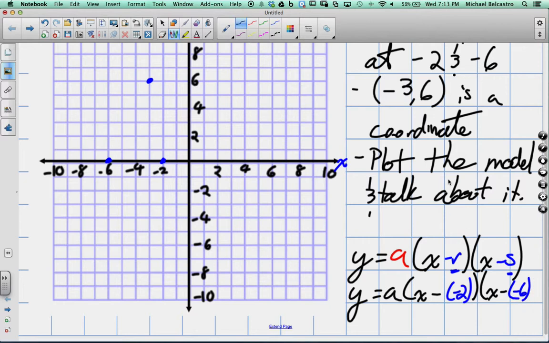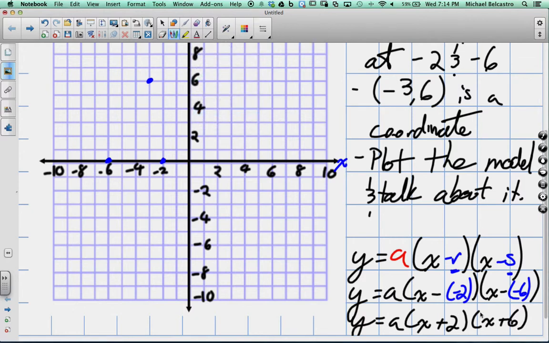Does that make sense? Which means this reads y equals a, x plus 2, x plus 6. In this factored form, the brackets are counterintuitive. They're opposite of what the actual x-intercepts look like.